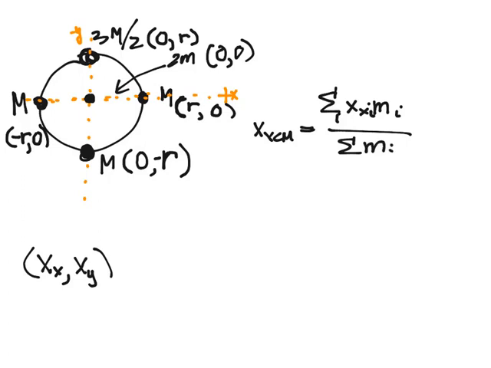So all of my objects, I have one fat kid, 3m over 2, plus m, plus m, plus m, plus the merry-go-round, which has a mass of 2m.